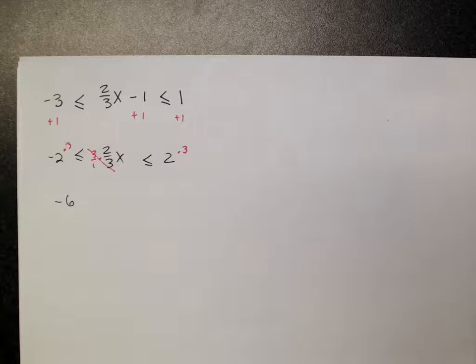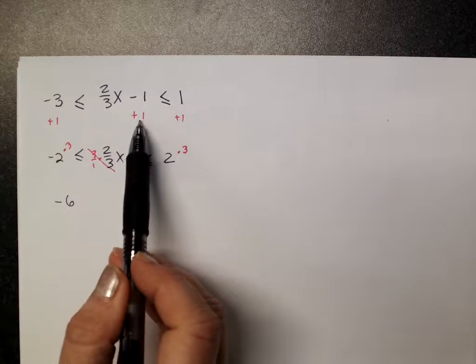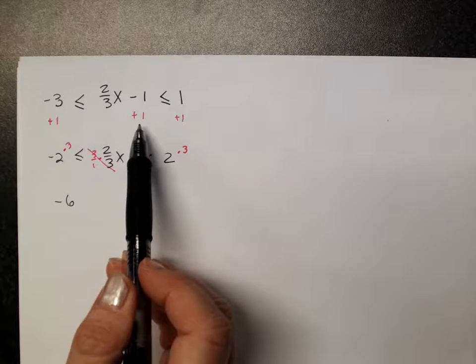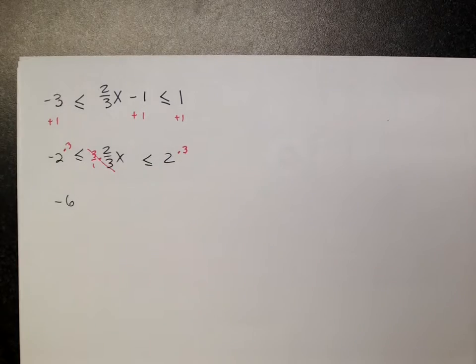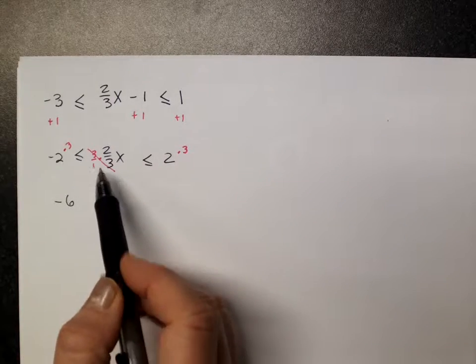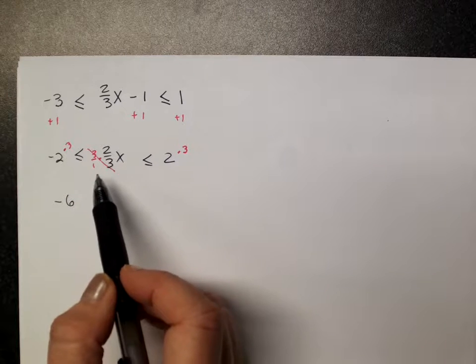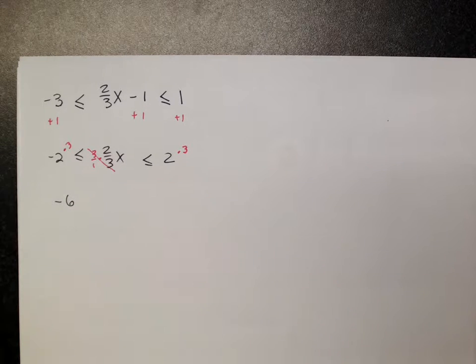The whole point of killing fractions first is so that you don't have to deal with fractions, but moving this 1 doesn't make you have to deal with fractions. So if you just want to be consistent across the board, kill fractions first. That's what we've done from the beginning. That'll get you there. Okay. This is just a little more efficient, as you start to recognize, oh, I can do that without messing with fractions, and now I only have 3 terms to kill the fraction rather than 4. But either way is mathematically sound.